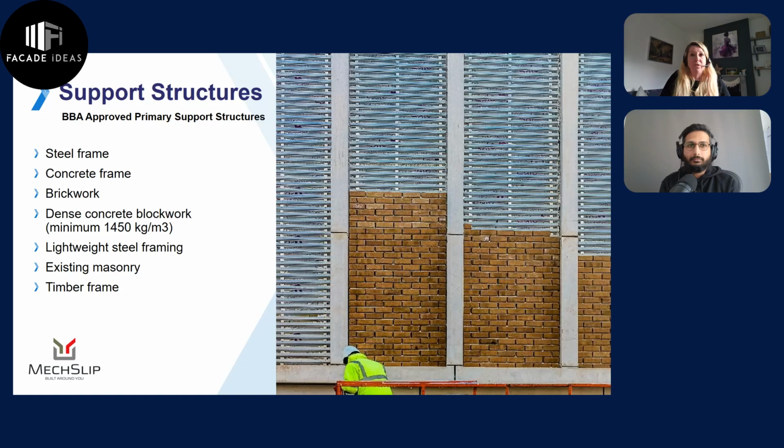Another useful factor of a brick-faced facade system is that it doesn't have to be used just in new building designs. It lends itself very well to regeneration projects, so you can overclad an existing structure, and that's why a brick-faced facade system using brackets and rails is particularly useful.